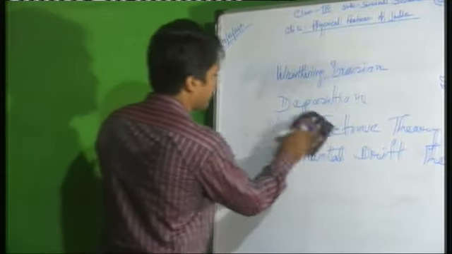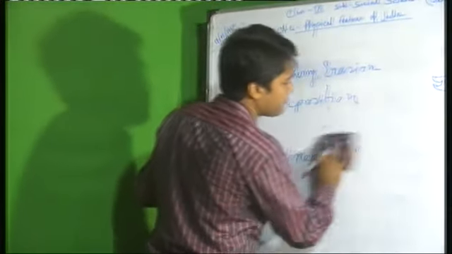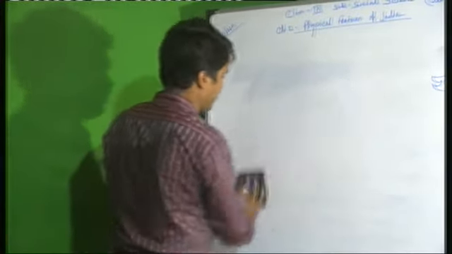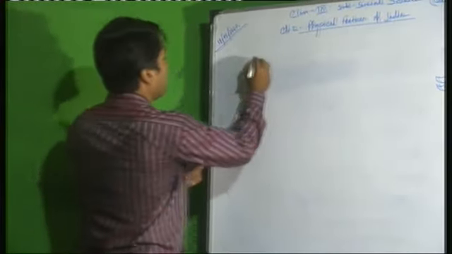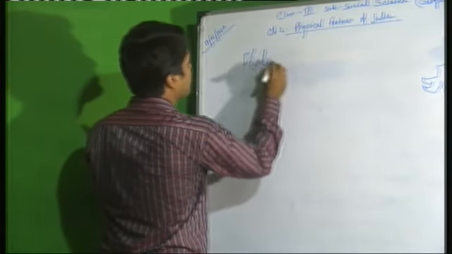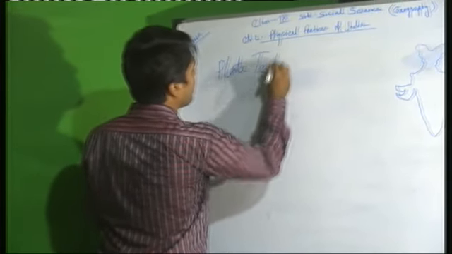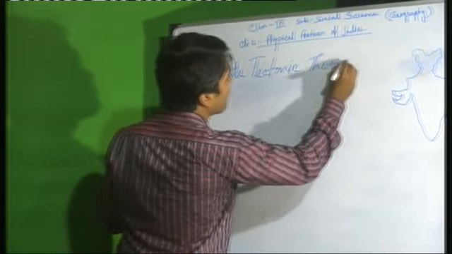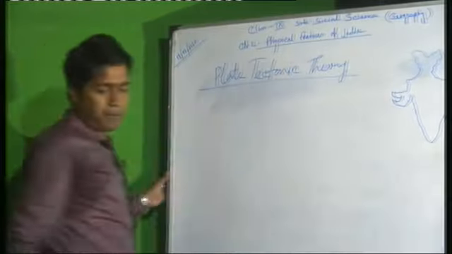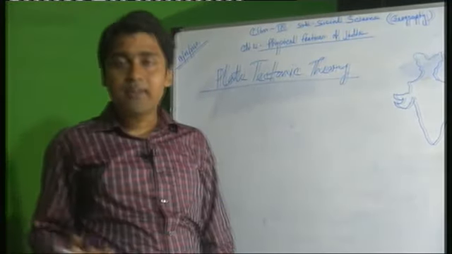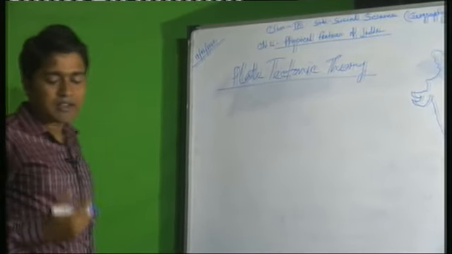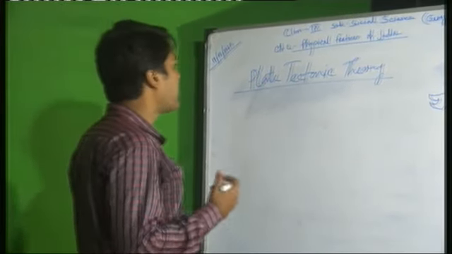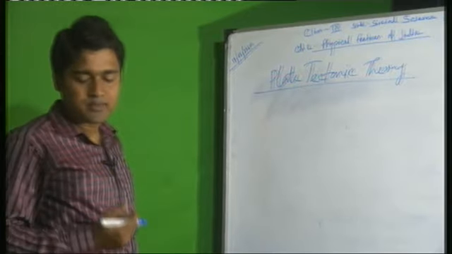So what is a plate? Plate tectonic theory. A theory that explains the structure of the earth's crust and associated phenomena. This is the plate tectonic theory. What is a plate? It is very important.